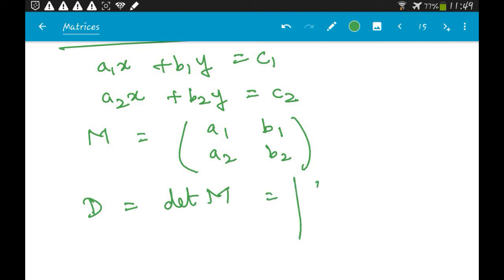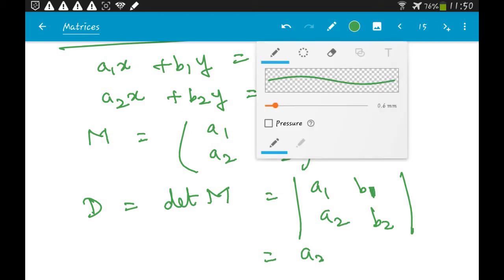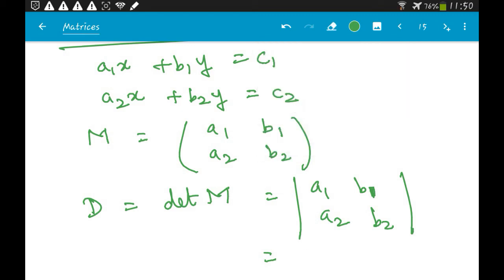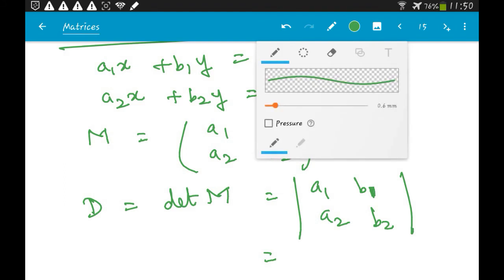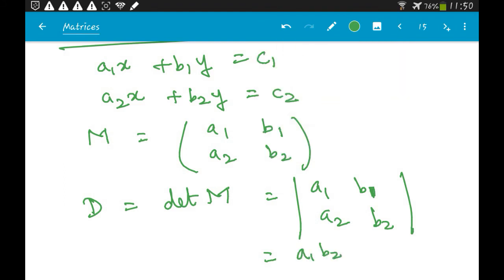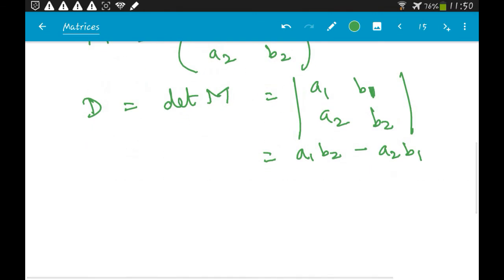It's nothing but a1, b1, a2, b2. So the determinant of this matrix is nothing but a1b2 minus a2b1. Alright, so this is our determinant.